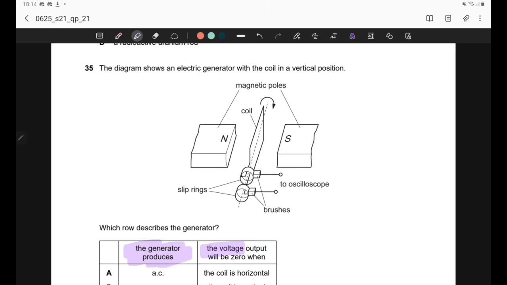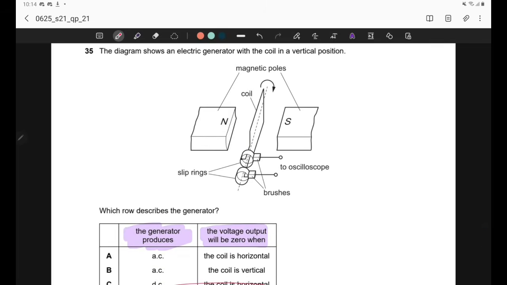Next column says about whether the voltage output will be 0. So when this coil rotates in between these magnetic poles, in order to have a maximum voltage, this coil should cut the maximum number of field lines in between these poles. So when maximum cutting happens, it will produce maximum current.